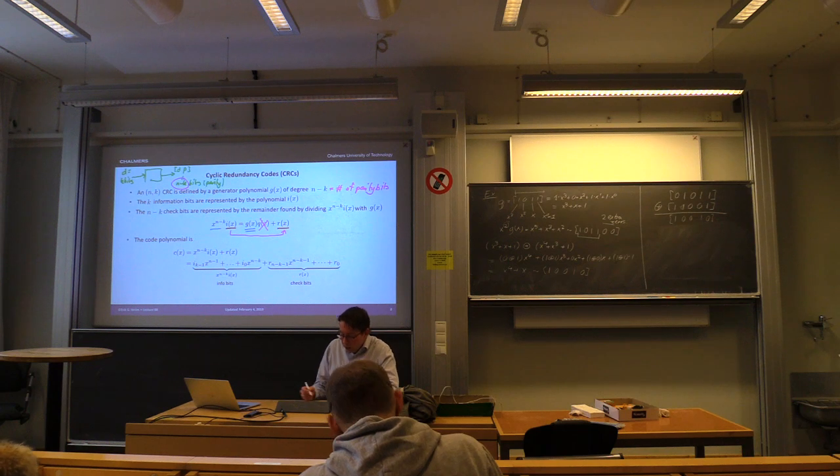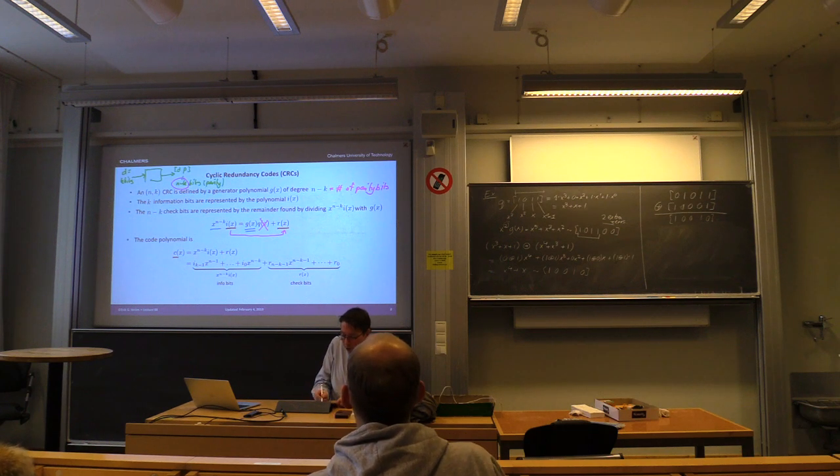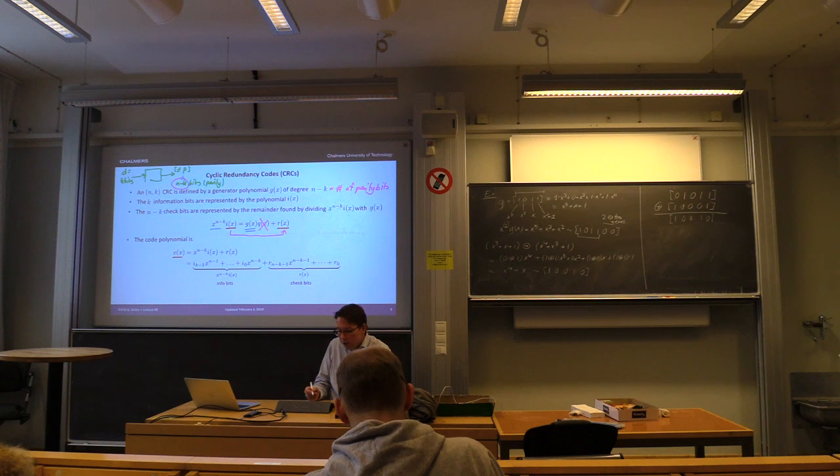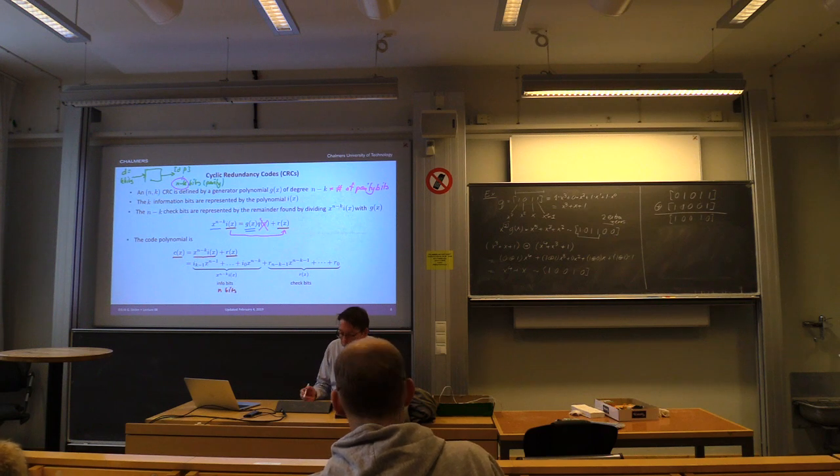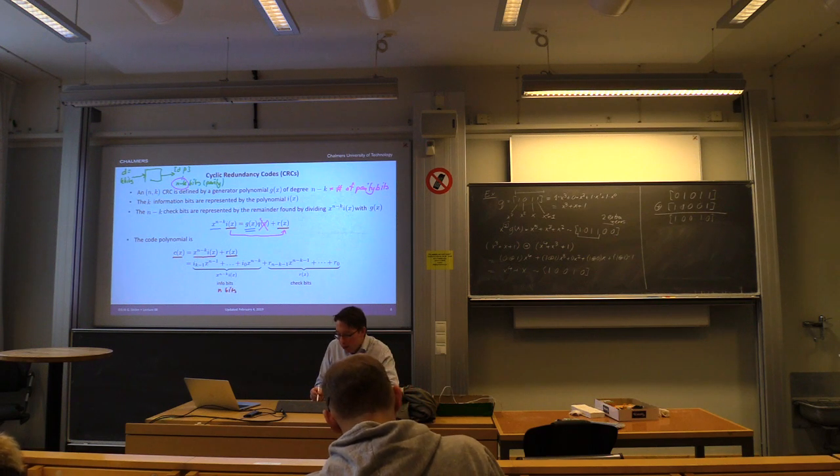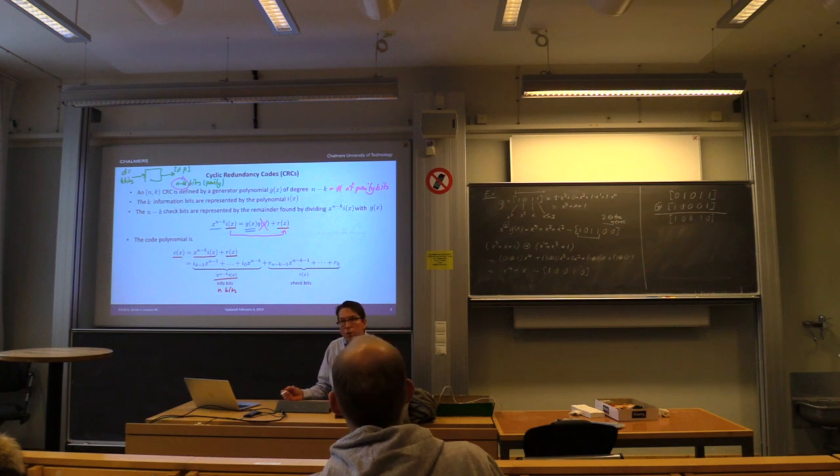Okay, so how do we do this? Well, the code polynomial, the code word, consists of the information bits plus the parity bits. The first n minus k bits... the information polynomial times x to the n minus k carries the first part of the code word. So it shifts it to the left a little bit.